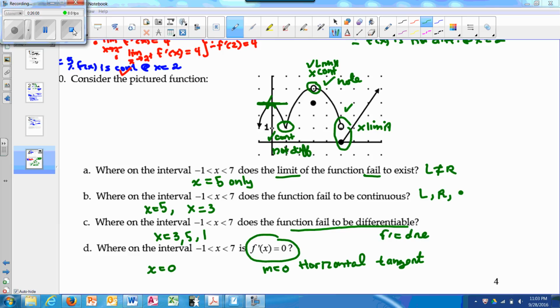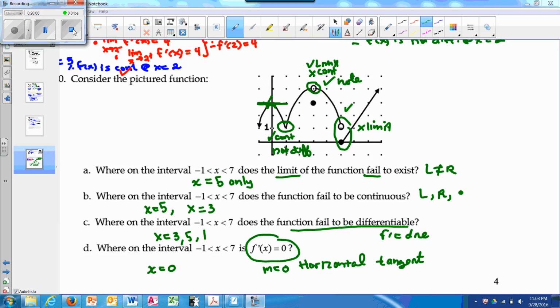Okay, the last question says, where on the interval is the derivative equal to 0? A lot of people would like to choose at 3, but remember we just said the function is not continuous there, so it's not differentiable there, so we don't have a slope at all. So not differentiable means f prime does not exist. So the only place we can have slope equal to 0 in this particular graph is at x equal to 0.